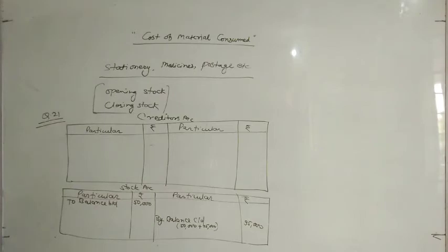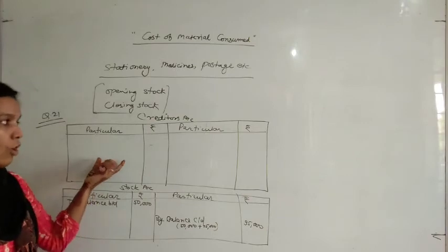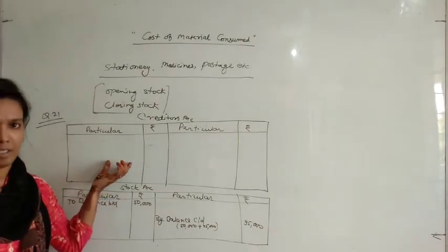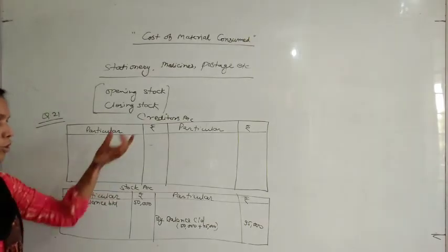Point number three is the amount paid for medicines during the year. By your common sense you can know that if you are paying the amount for medicines, you will pay to creditors, because you are purchasing from creditors.